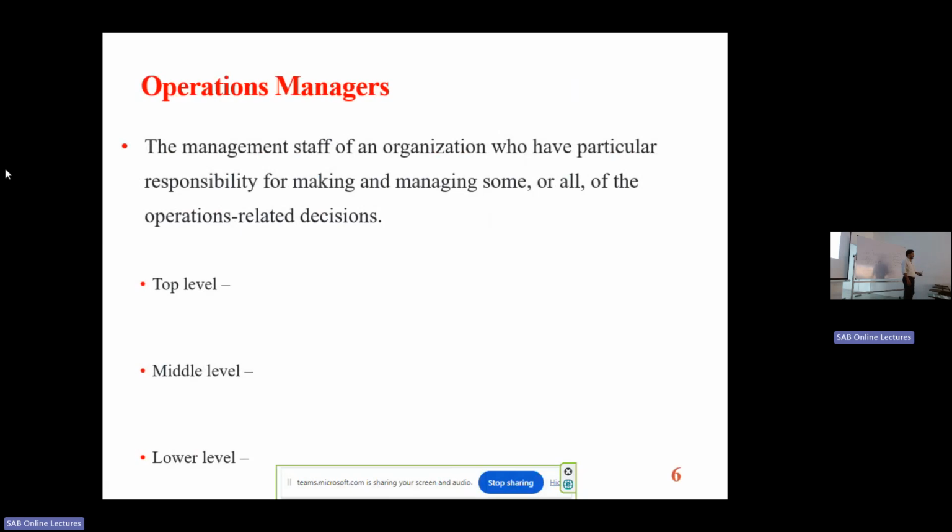Have you seen that? Maybe, for example, in a well-established hotel, there can be a position called operations manager, but most of the other operations are managed by other managers, like the food and beverage manager.